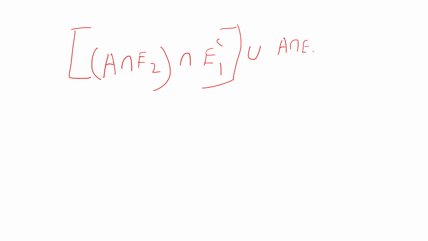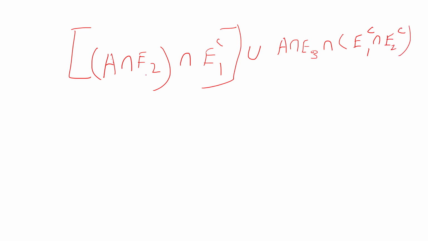All right, and then intersection E1 complement, this one, then union. So A intersection E3, then intersection, then here E1 complement, intersection E2 complement. You will have this one.